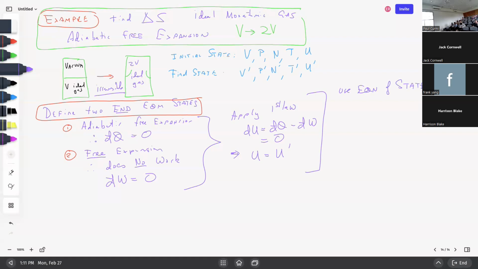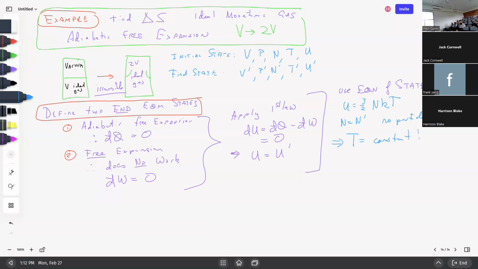So my equation of state, I've got two of them. One of them is that U equals 3 on 2 NkT. Well, N equals N dashed, so no particles escape. U equals U dashed. And this implies that T is constant.